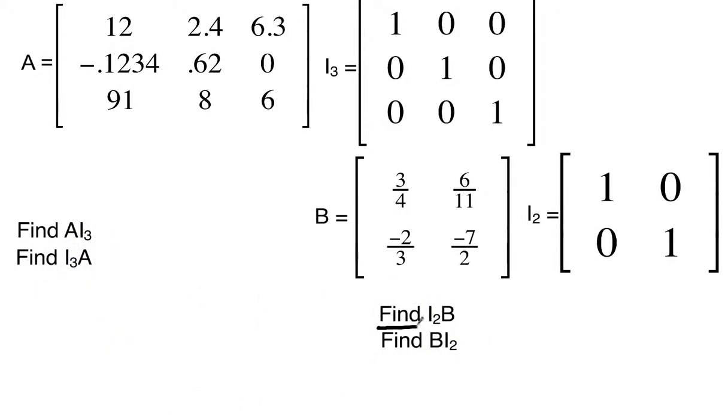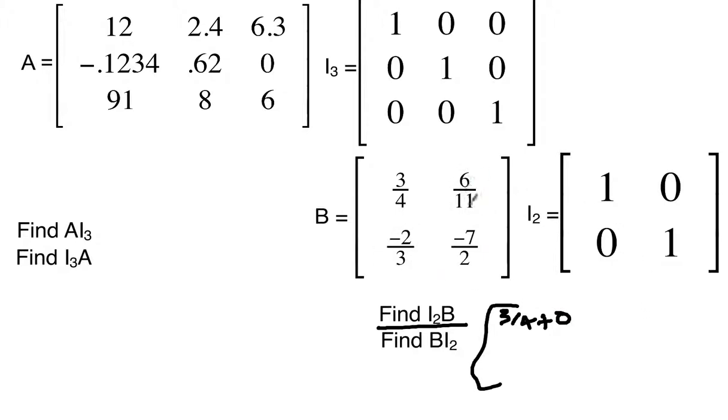Okay, so I'm just going to do this one because this one takes a little bit of time. If we do the identity times B, we would do 1 times 3/4, which is 3/4, plus 0 times negative 2 over 3, which is 0.